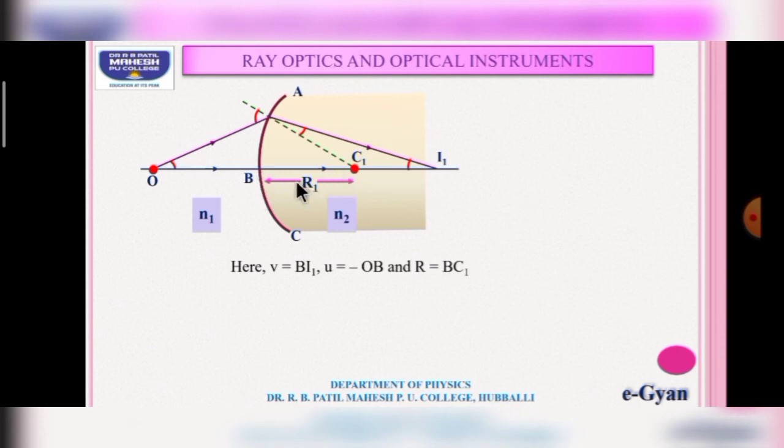I take OB as negative because the distance is measured opposite to the direction of the incident ray. Now substituting these values in equation 1, we get N2 divided by BI1 plus N1 divided by OB is equal to N2 minus N1 divided by BC1. Let this be equation 2.